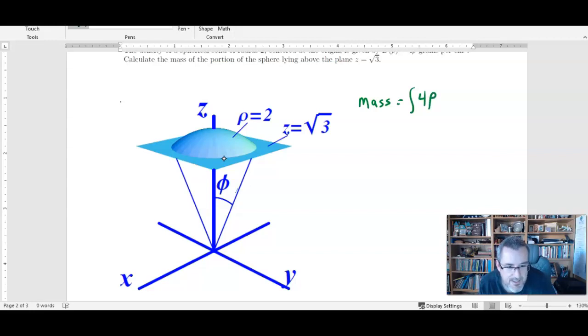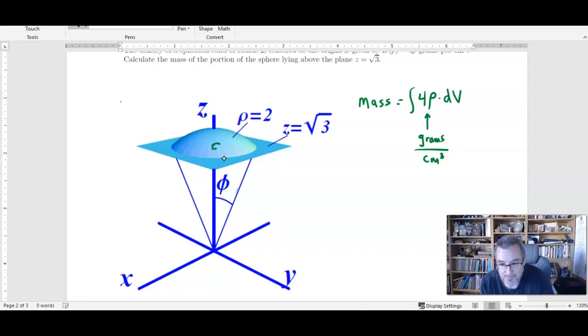And I always like to keep track of my units. 4 times rho, the density was measured in grams per cubic centimeter. So in order to get mass in grams, we would have to multiply that by a volume. That is a dV. So imagine breaking this thing up into tiny pieces, starting with a little change in x, a little change in y, a little change in z.